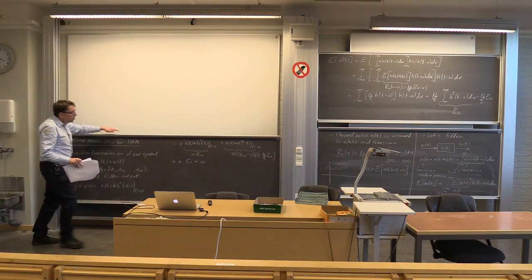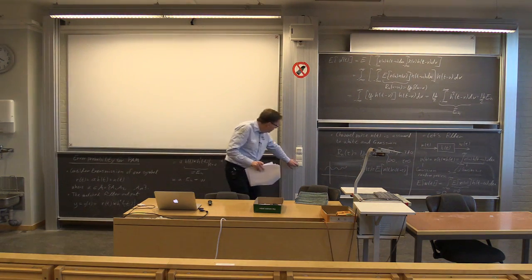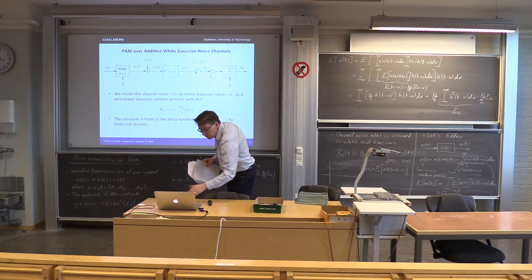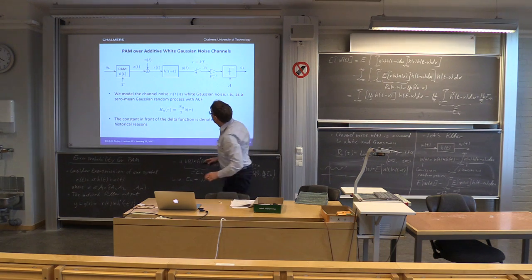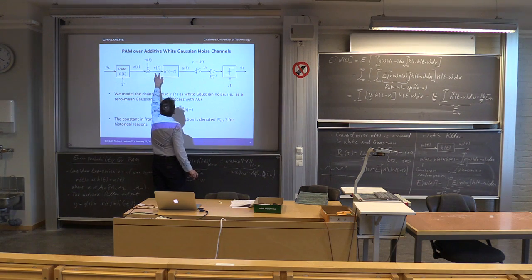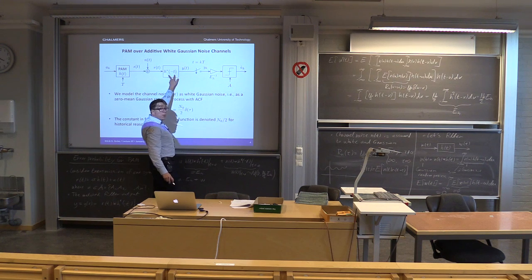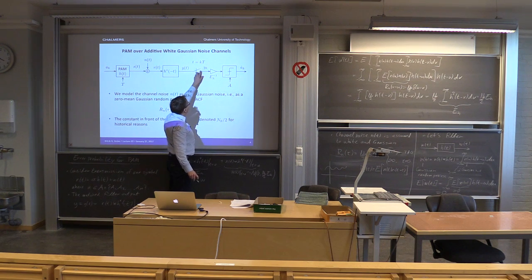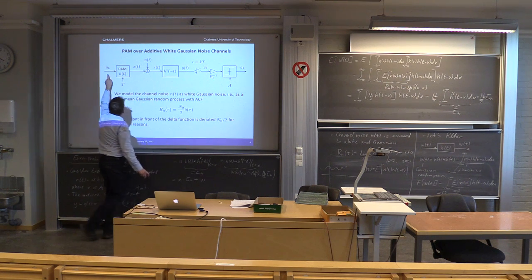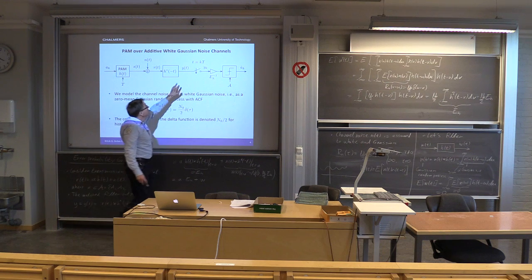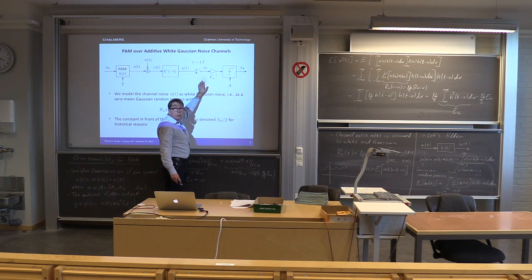So let's go back and look at the block diagram here quickly. What we have done now is that we have looked at the received signal, we processed that with the matched filter, and we sampled that. So now we have characterized what y is. y is equal to what we transmitted times E_h plus W, where W is the noise contribution.